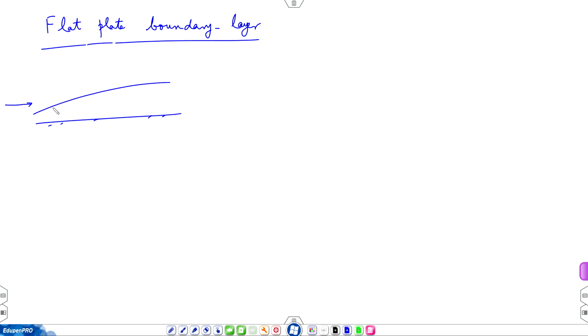This is the flow direction. This is the edge of the boundary layer, where y is equal to delta, which is a function of x.